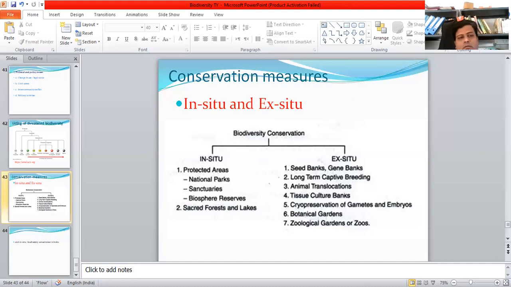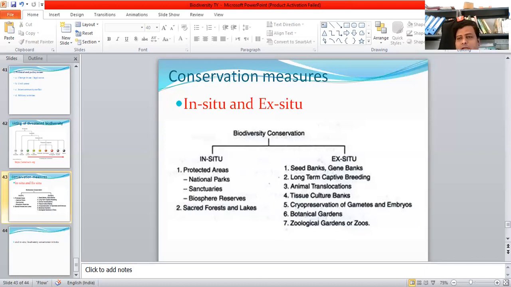Like we were discussing, seed banks are cold storage units where seeds are kept under controlled temperature and humidity for the storage of plant germplasm.